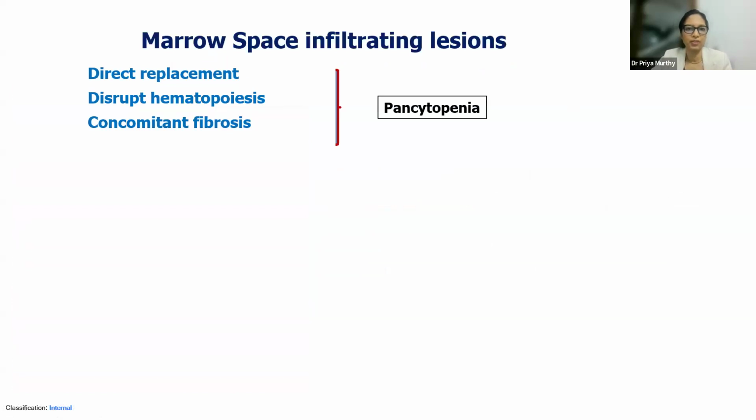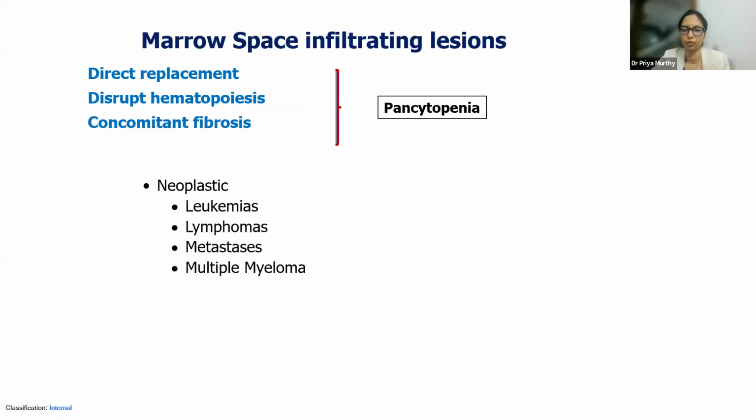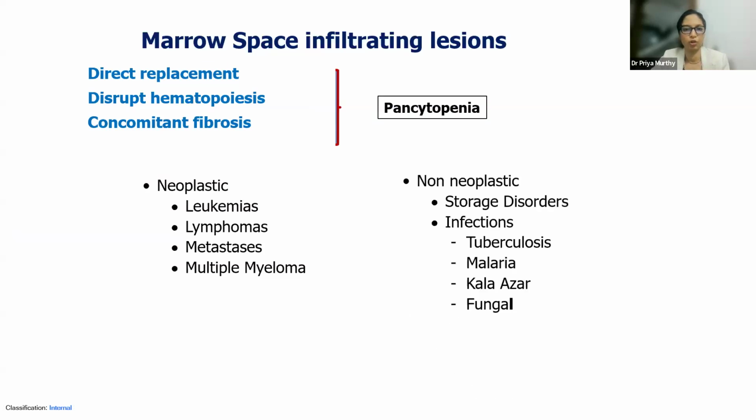So, marrow space infiltrating lesions lead to pancytopenia, which include direct replacement, which disrupt hematopoiesis, and there could be concomitant fibrosis. So, a number of neoplastic conditions as well as non-neoplastic conditions lead to pancytopenia, including some osteopathies like osteopetrosis.